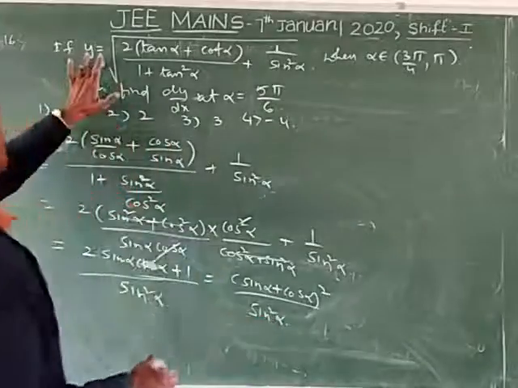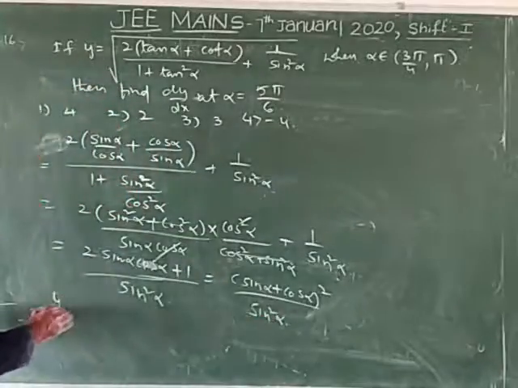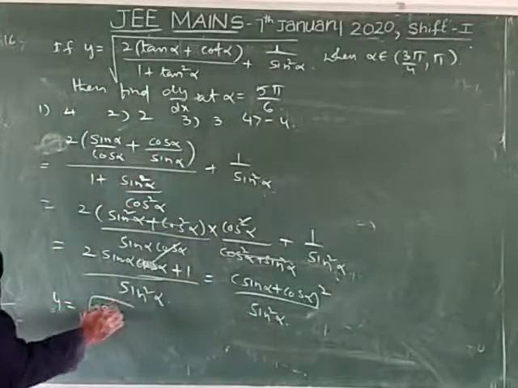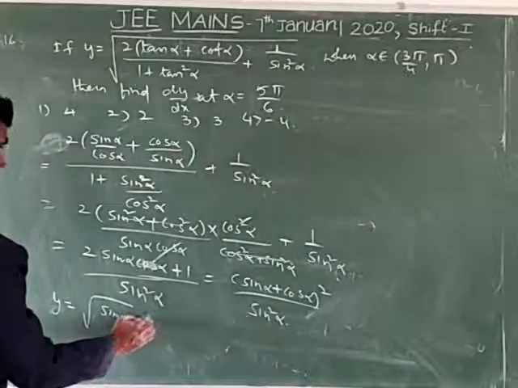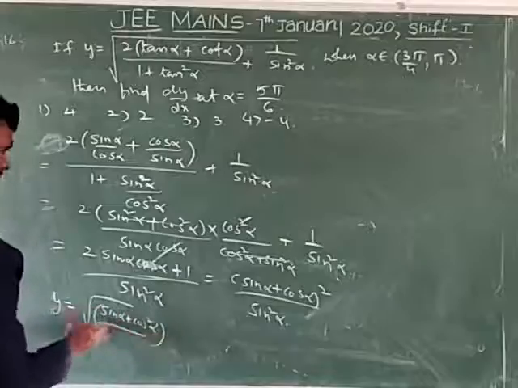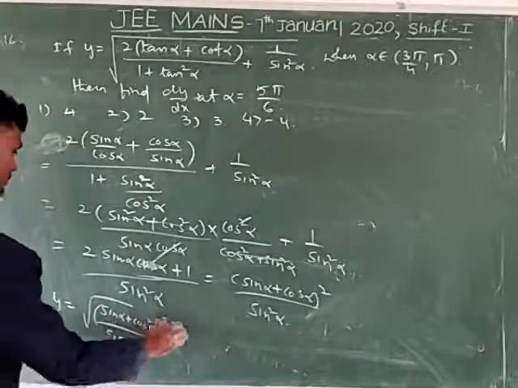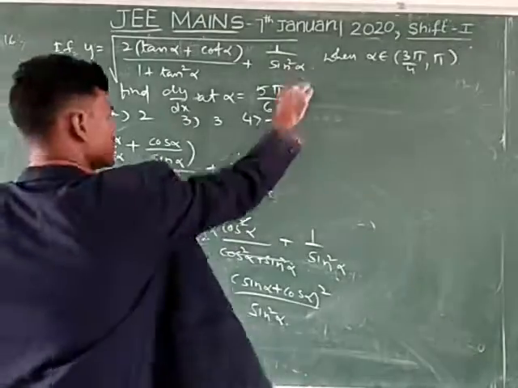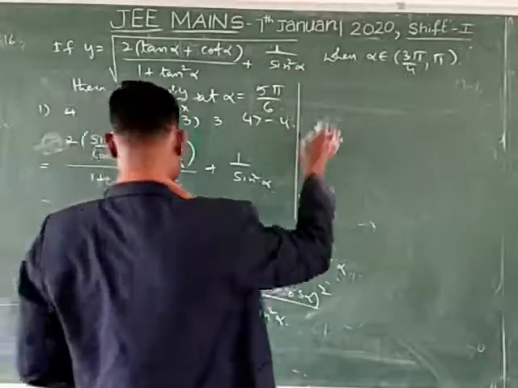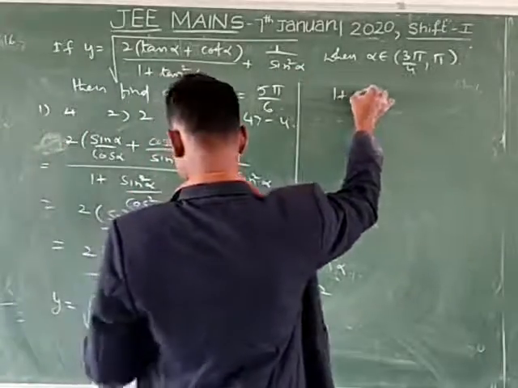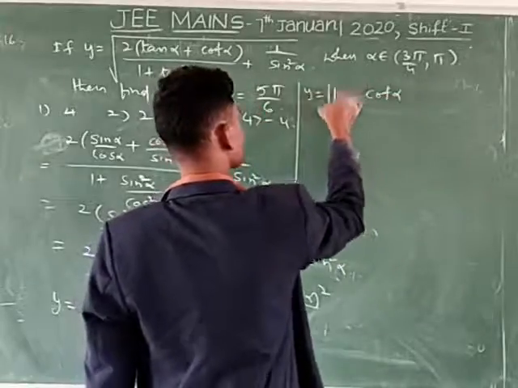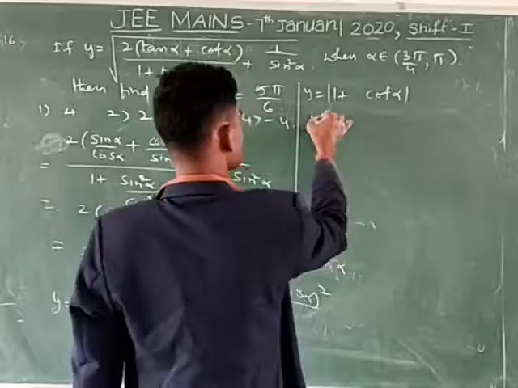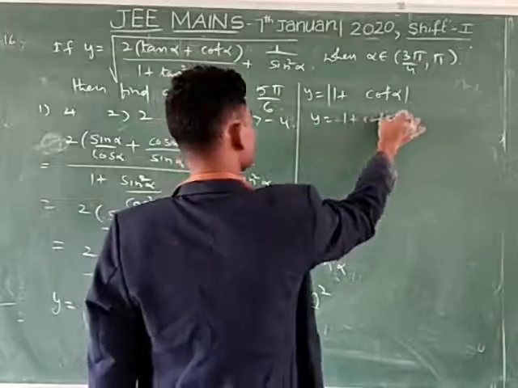Now take the root: y is equal to under root of (sin alpha plus cos alpha by sin alpha) whole square. Square root cancels. Now it is written as 1 plus cot alpha. So y is equal to 1 plus cot alpha.